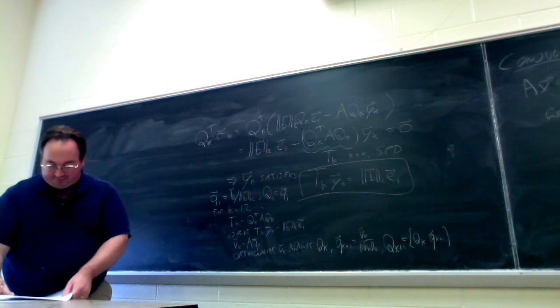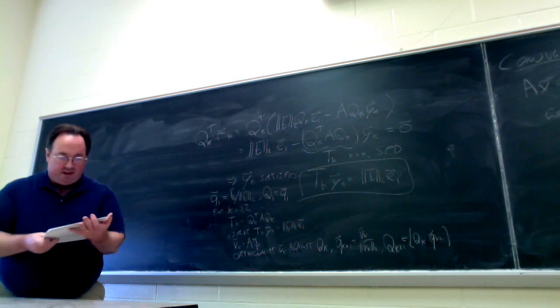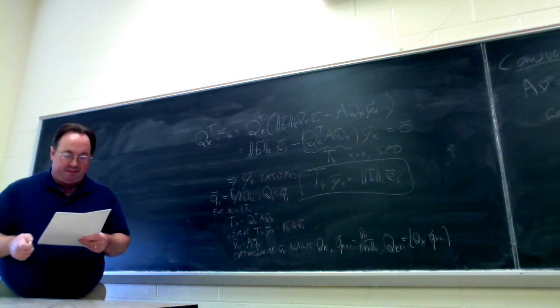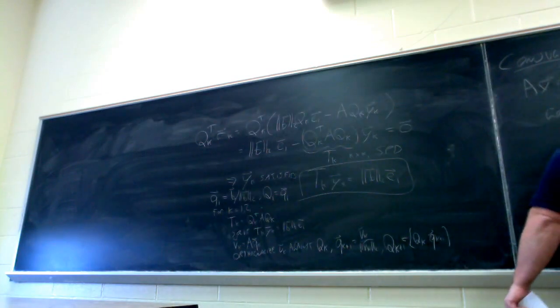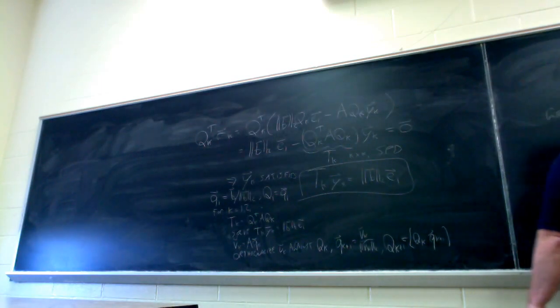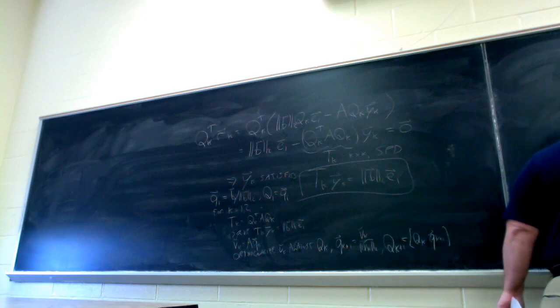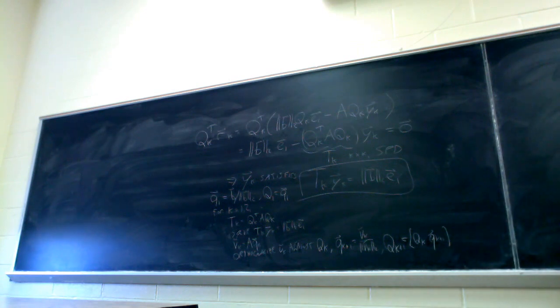Now, first of all, these vectors, the q's, the columns of capital Q_k, are orthonormal. So we need an efficient way to generate these orthonormal vectors.